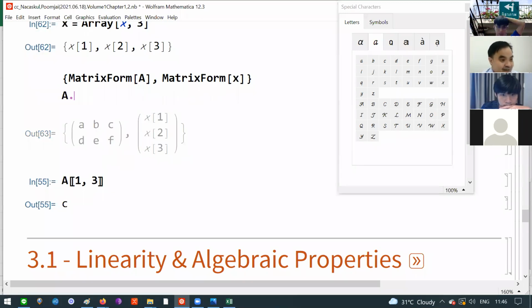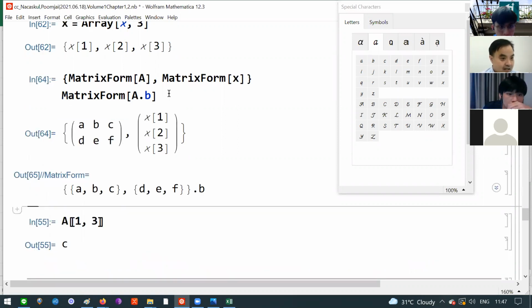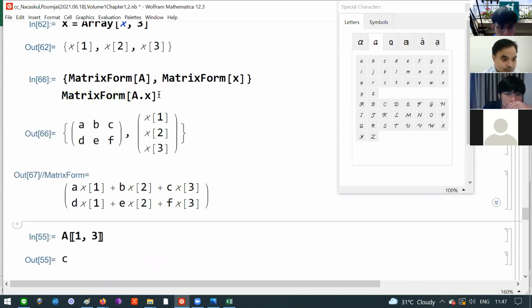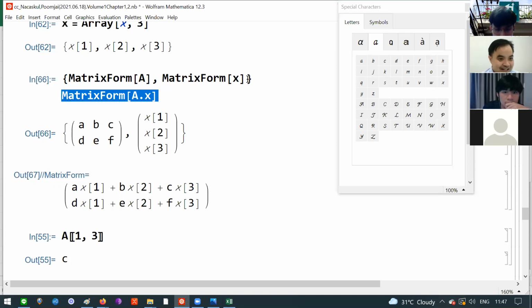A dot b. Okay, now I'm going to go ahead and write that in matrix form. Matrix form is a little bit clumsy to write, but you only need that to make a textbook or something. So let's put them side by side.